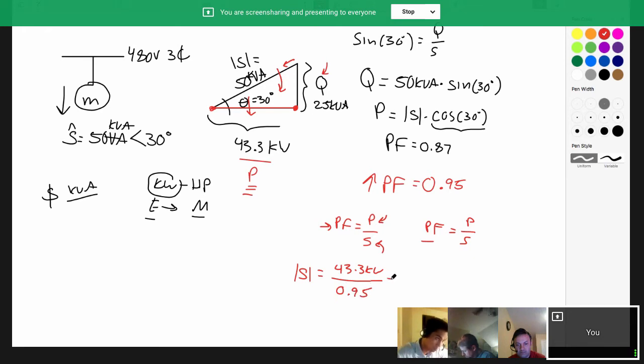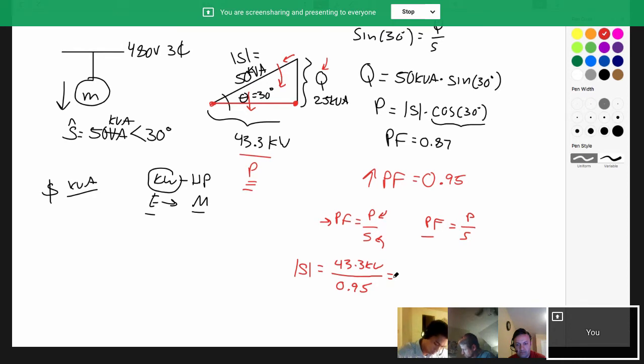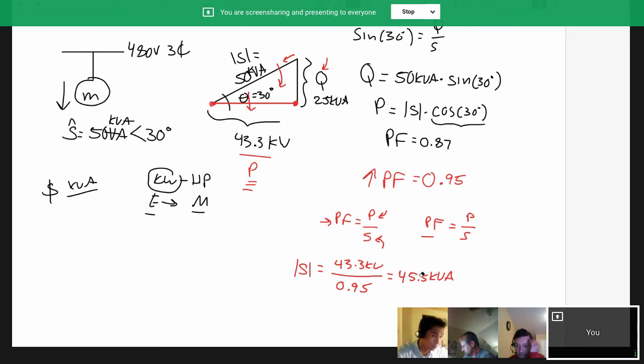Let me know how many volt amps you get. 45.6? Yeah. And is the unit kVAR or is the unit kVA and why?